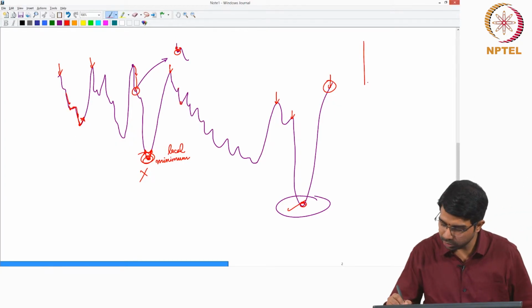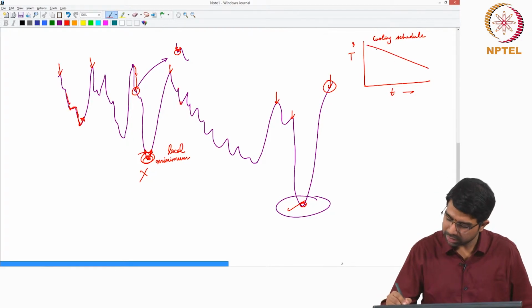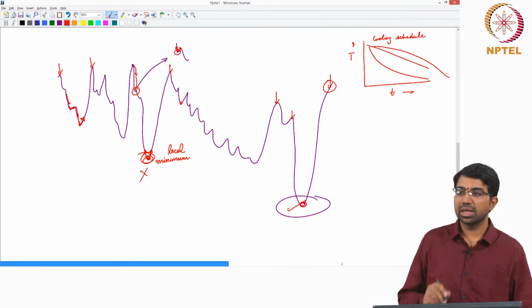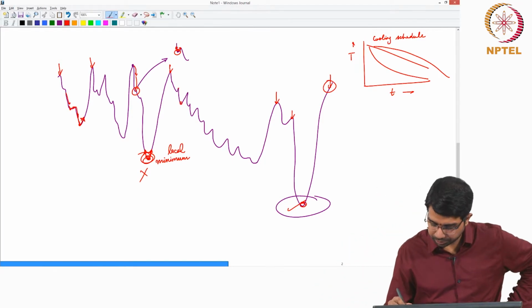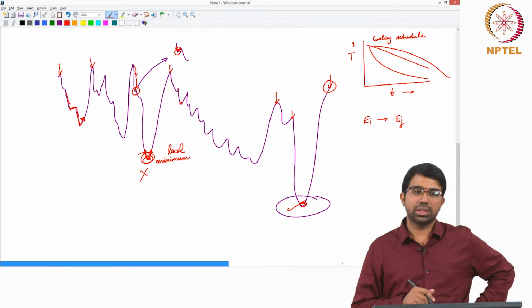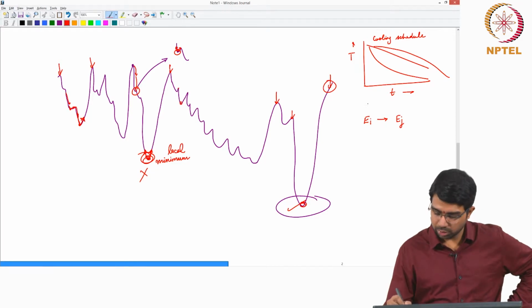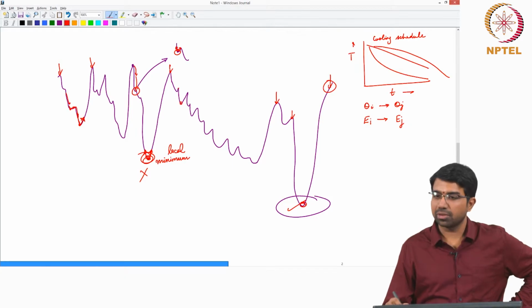But what you usually do is you have something called a cooling schedule. It may look like this or this or this. What is the rate at which you cool down the system? Let us say you move from EI to EJ, that is, from theta i to theta j, the cost of which is EI in the first case, EJ in the second case.